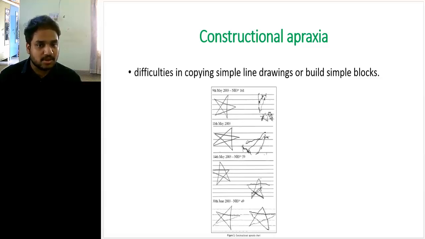Initially when he was copying this, he used to copy like this, then it improved, and finally he was able to draw, right? So this is what is called constructional apraxia, right? There is difficulty in copying simple line drawings. So all these are the cortical symptoms. If any of these symptoms are present, you can confidently say that the lesion is in the cortex.